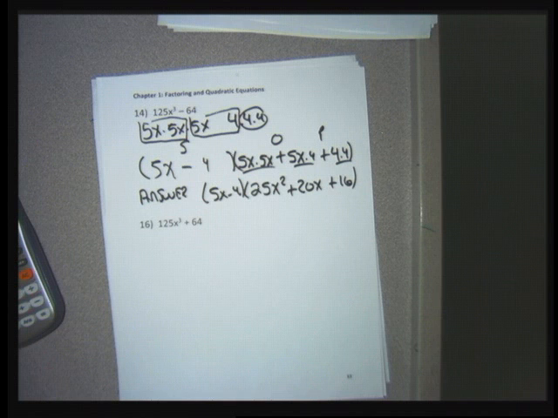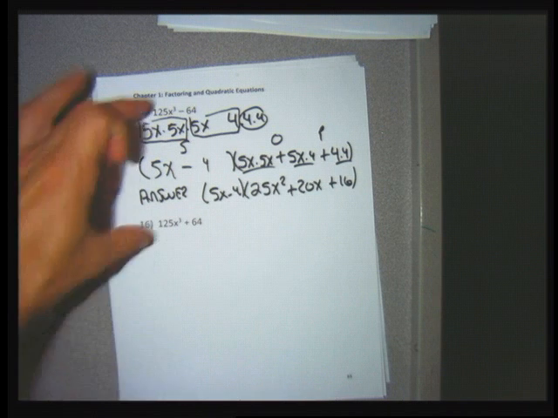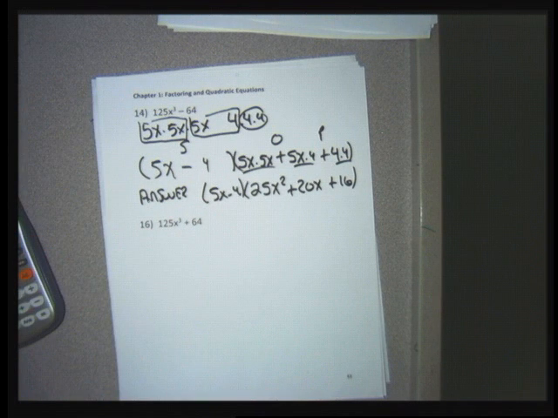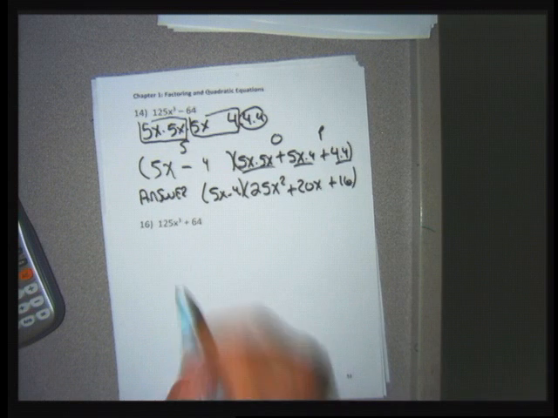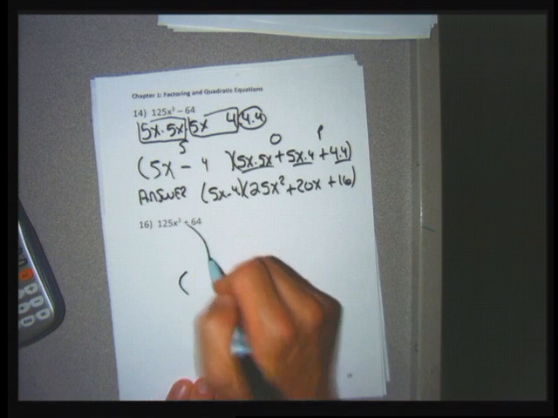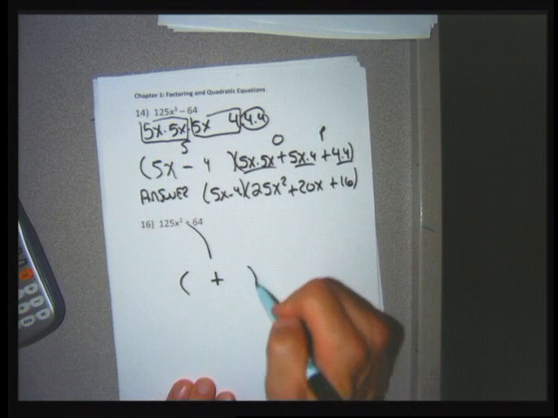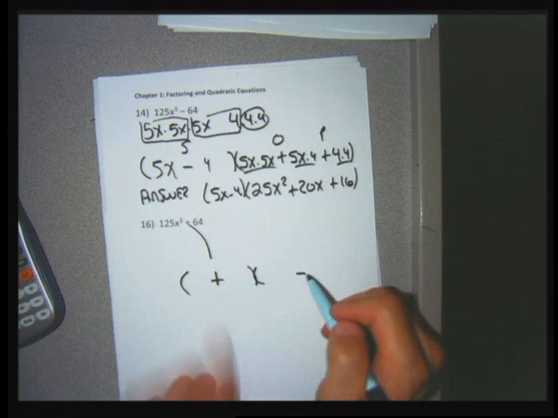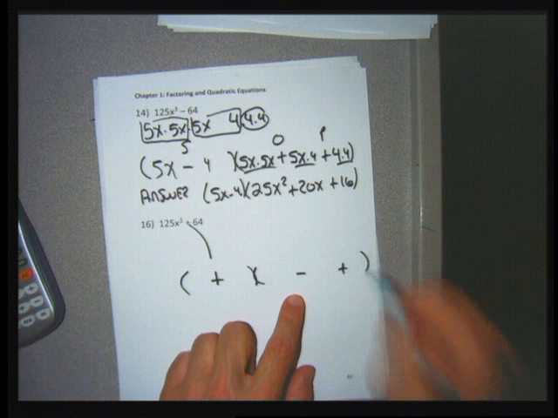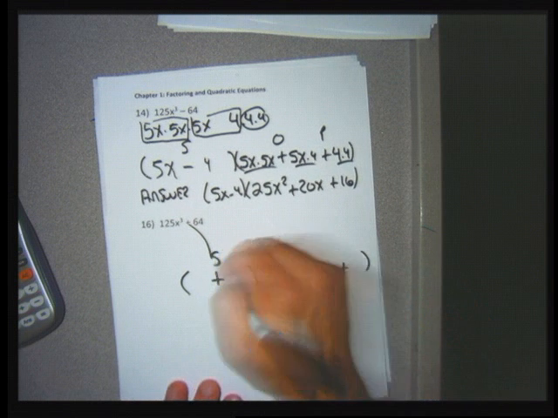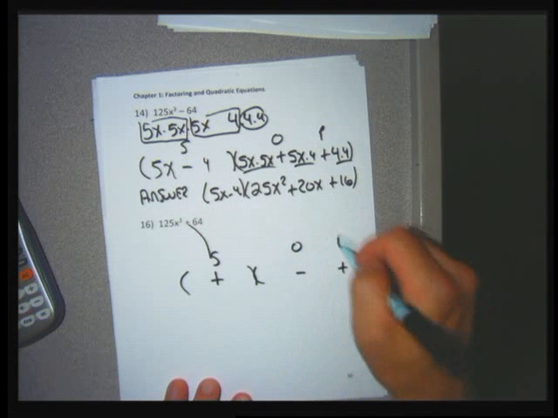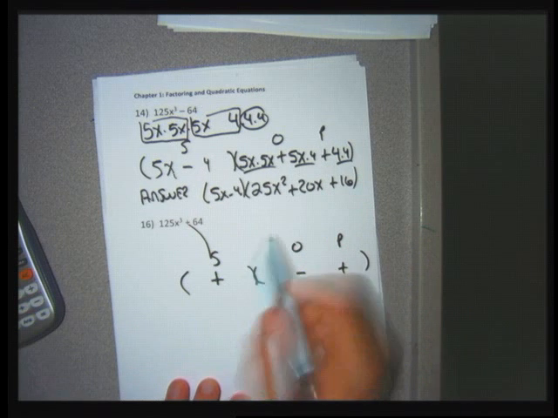16 and 14 should be just about the same because they both have 125x cubed and 64. The only difference between 14 and 16 are the signs. And the signs in this one, first you write the same sign, the opposite of the original sign, and then a plus. So it's same sign as plus, opposite of plus is minus, and then a plus. And then I'll just steal from here.